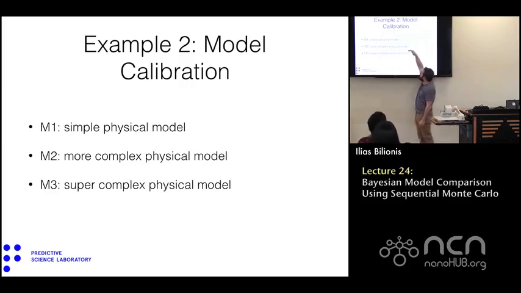The other thing that happens here is that the complex physical model will have more parameters, so even if it is wrong, it will be able to fit the data. If you take a super complex physical model, it will fit the data better, etc.